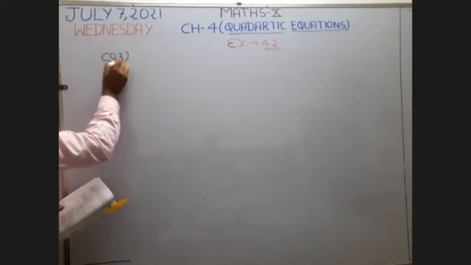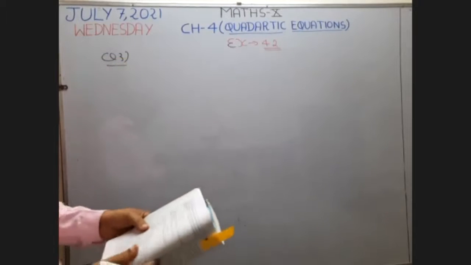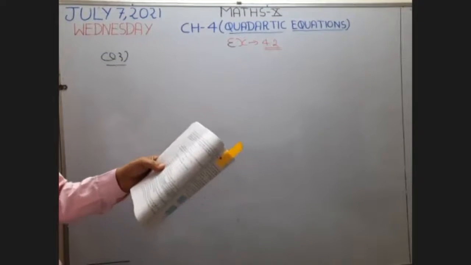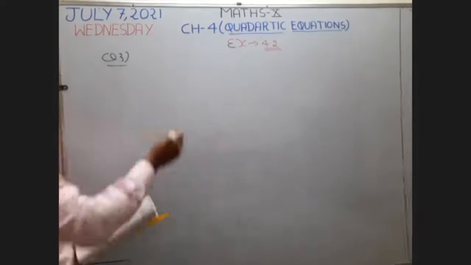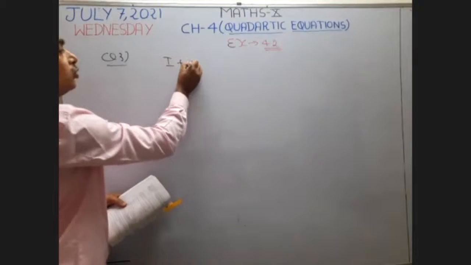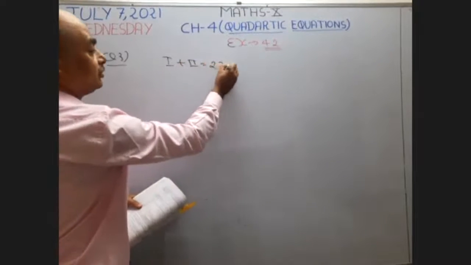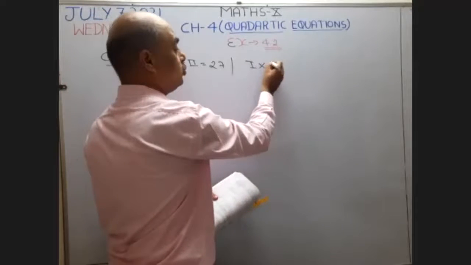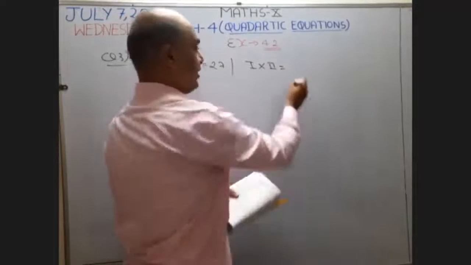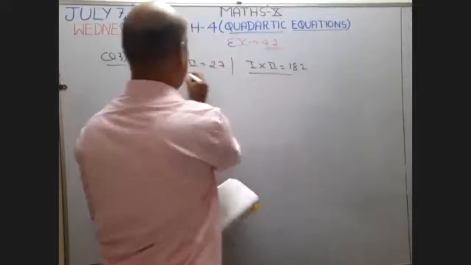What is given? Find two numbers whose sum is 27 and product is 182. Two numbers are there whose sum is 27, and when we multiply these two terms, the answer will become 182. This is the statement of the question.